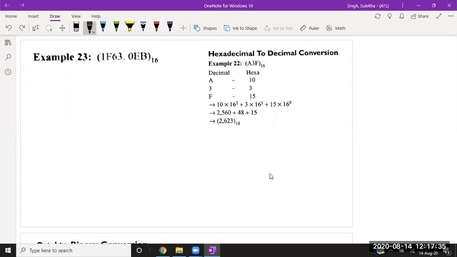Okay, this is not an invalid number. Whenever you are dealing with the hexadecimal number system, the digit range is from 0 to 9 and then A to F. F denotes 15. If you are representing F in the decimal number system, it is 15. Okay, Shekhar, so F is correct.